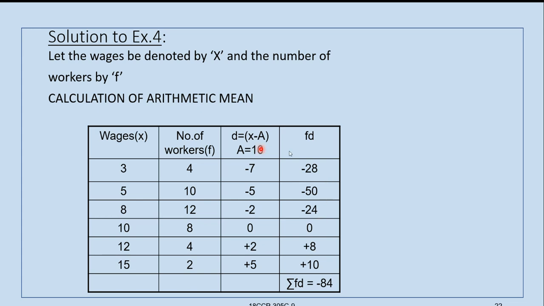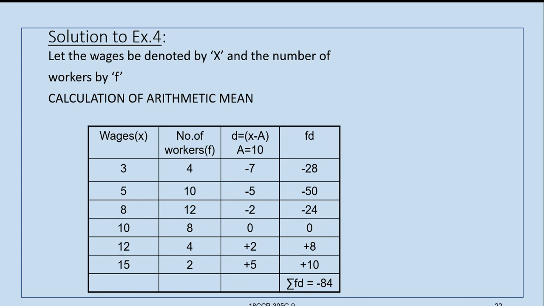Because we are taking the assumed mean as 10, we are getting more negative values. If the assumed mean is taken as 8, the calculations will be a bit lower, right?